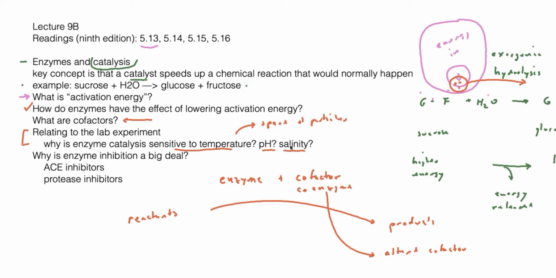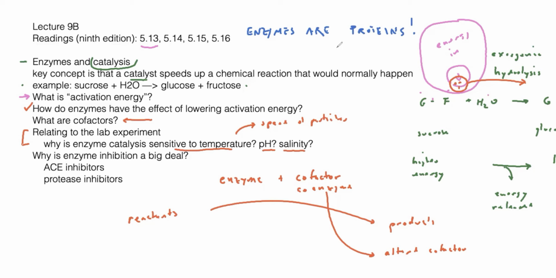Now, when the temperature gets too great, and here's the other thing that's important to us, remember that enzymes are proteins, and therefore they're going to be subject to alterations.